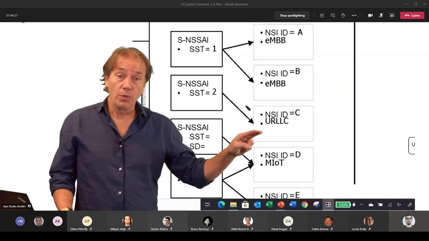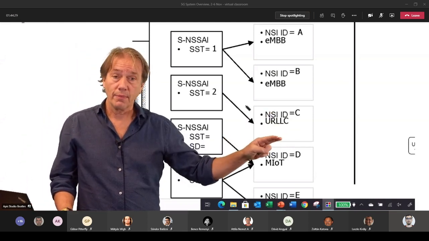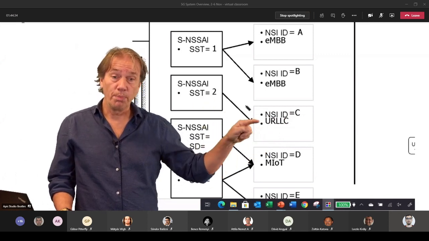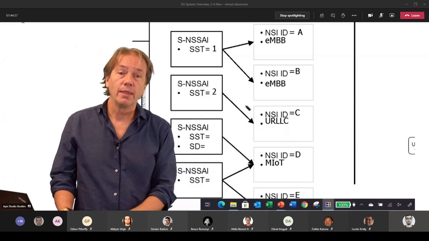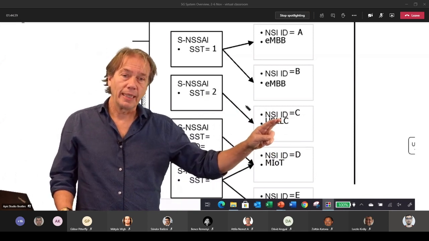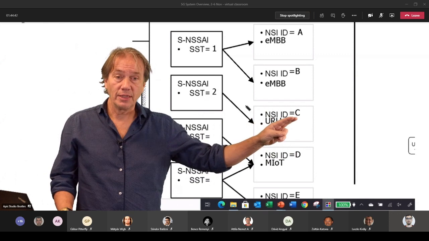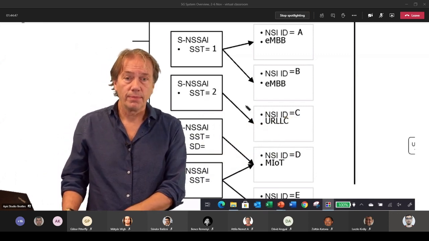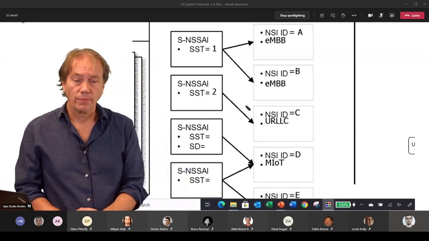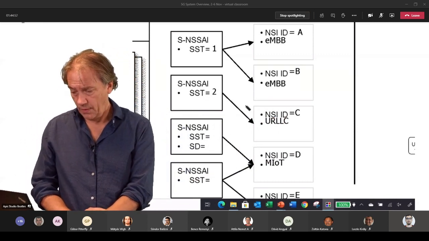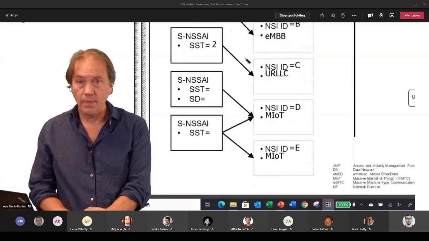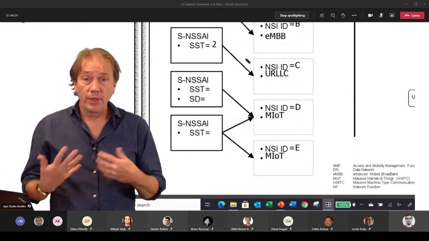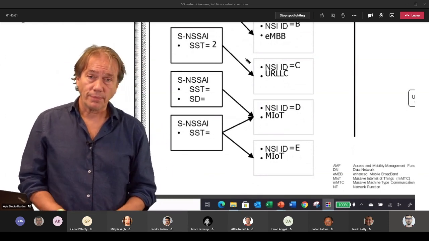And well, since we only have one slice of the right type, the user equipment will be registered in network slice instance ID C. Yeah, you get the picture.